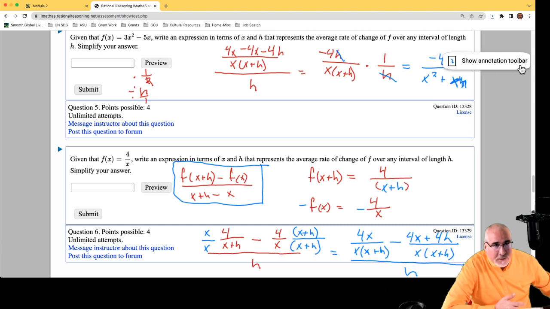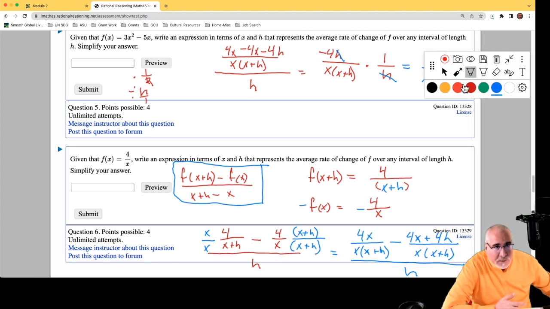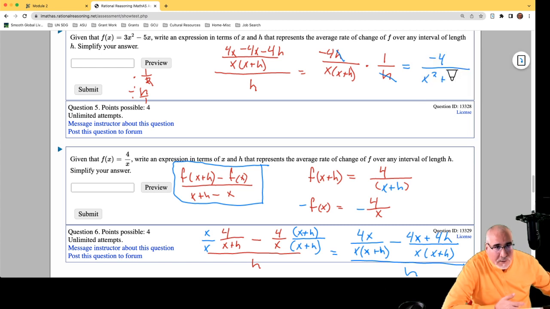Let me get my eraser. I like things to look a little cleaner. So x squared plus xh. What we're going to see is that this is our final answer.